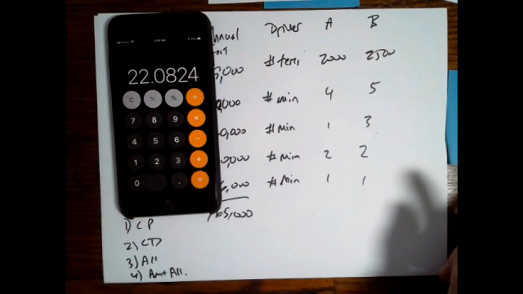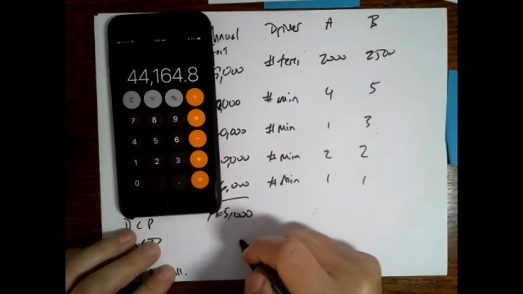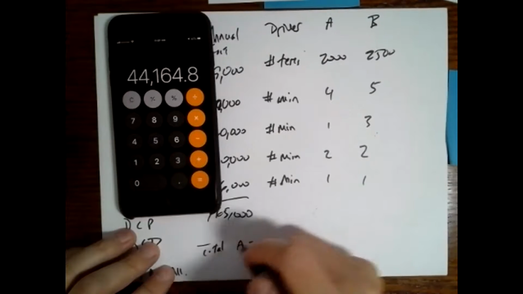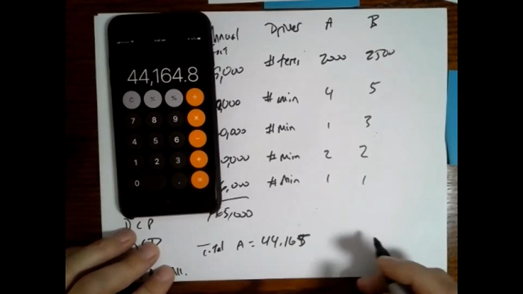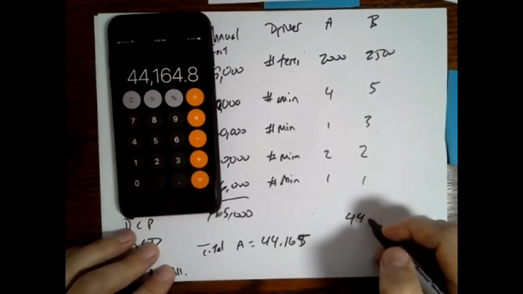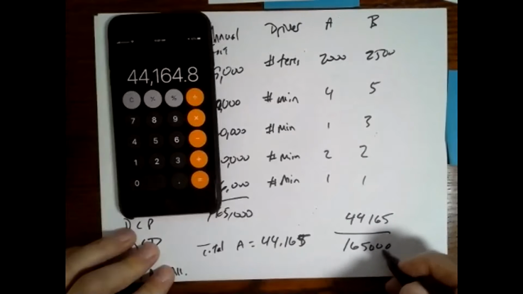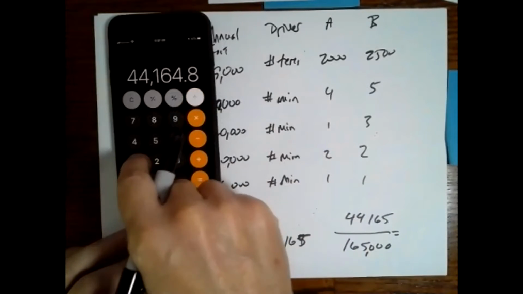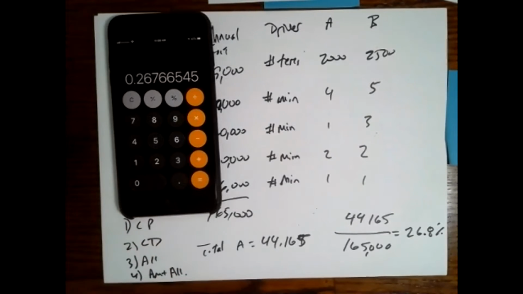So if we take the cost of doing A times the number of A's, we get a total for A of 44,164, or 165 if we round it. So the proportion of the cost that comes from A is 44,165 divided by 165,000, which is 26.8%. So that's all there is to that. It looks more complicated than it actually is.